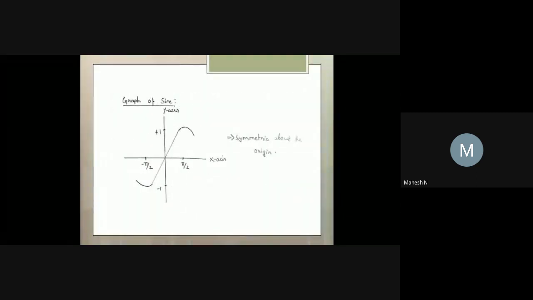Let us look into the graph or the waveform of sine. We can identify the waveform as a curve that passes through the origin, where the values to the right of the y-axis are positive and the values to the left are negative. Let's take the points pi by 2 and minus pi by 2 on the left side.